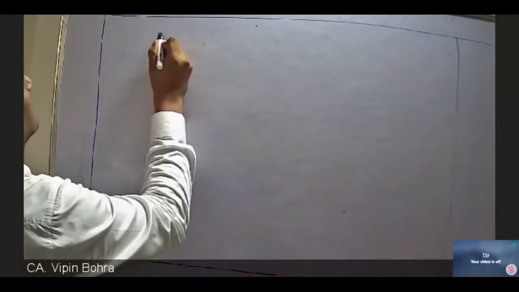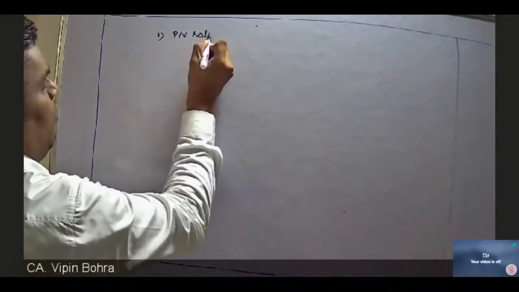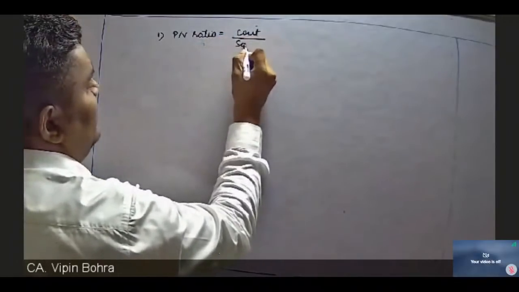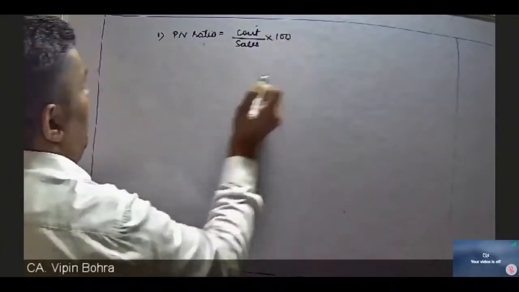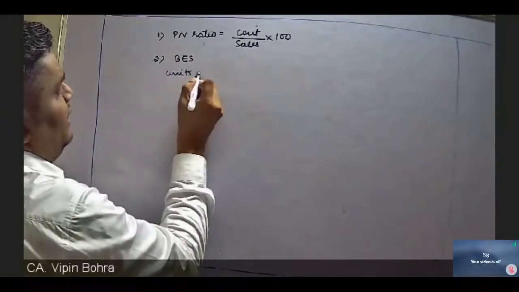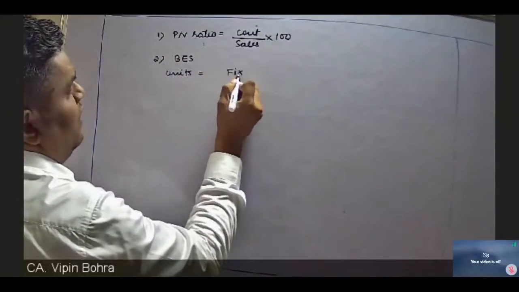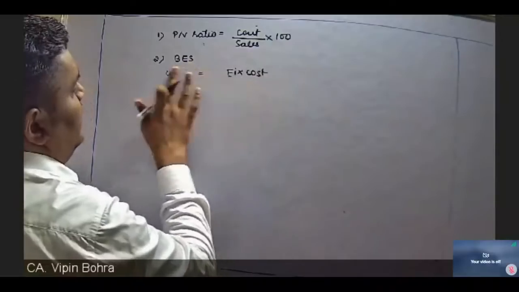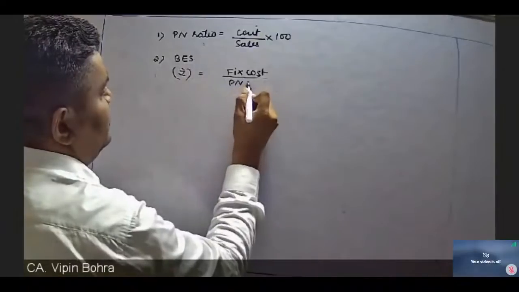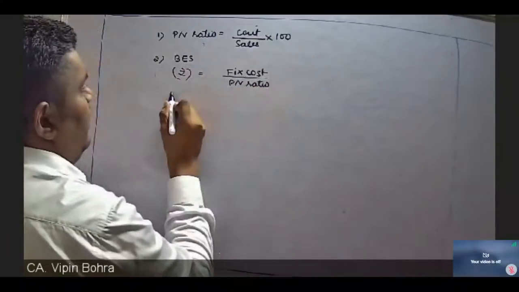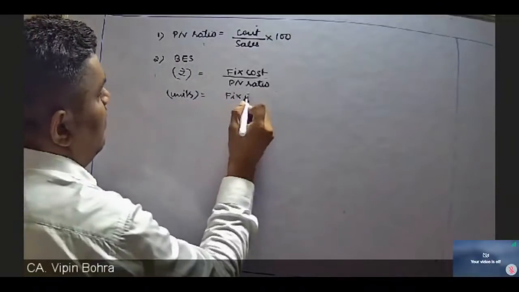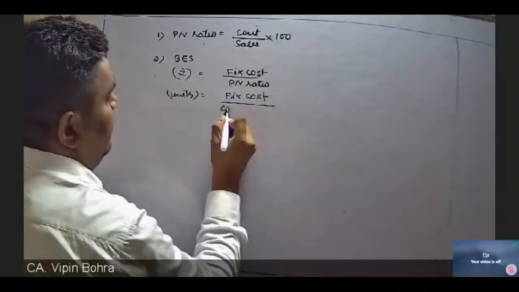I have discussed PV ratio, that is contribution divided by sales into 100. I have discussed break-even sales in rupees first, it is fixed cost divided by PV ratio. In units, it is fixed cost divided by contribution per unit.